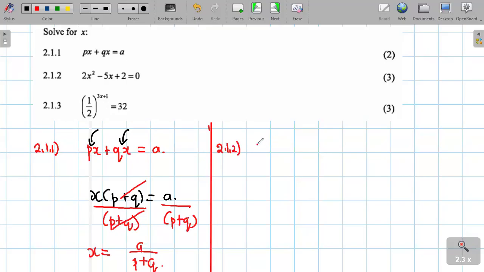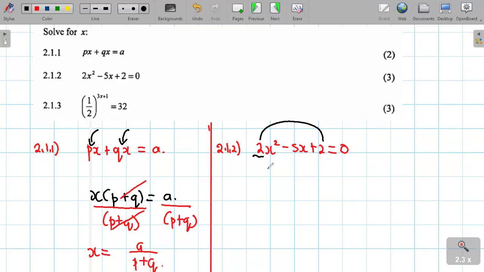2.1.2. I am given 2x squared minus 5x plus 2 equals 0. I want you to look at something that I want to do. It is always difficult to factorize when the coefficient of x squared is not 1. What I'm going to do is take this 2 and multiply by the c.